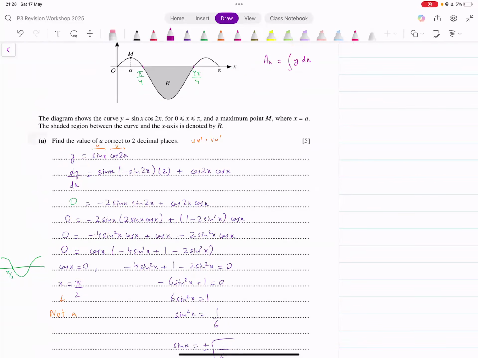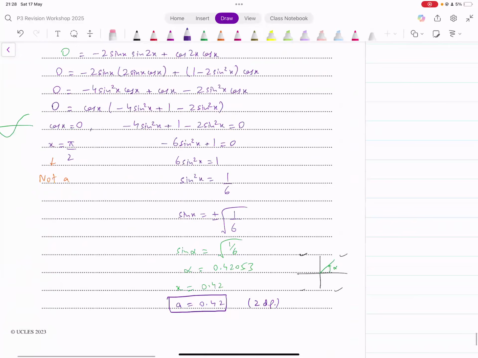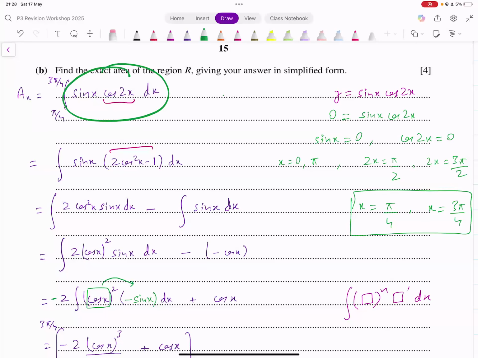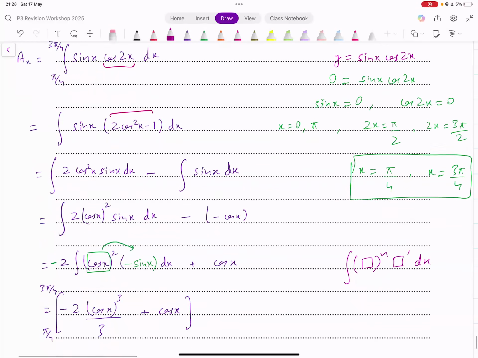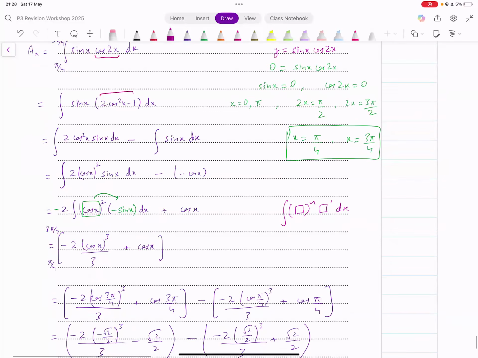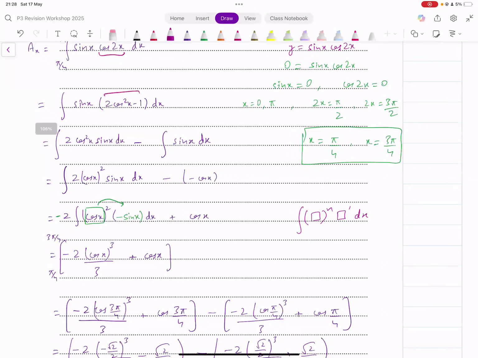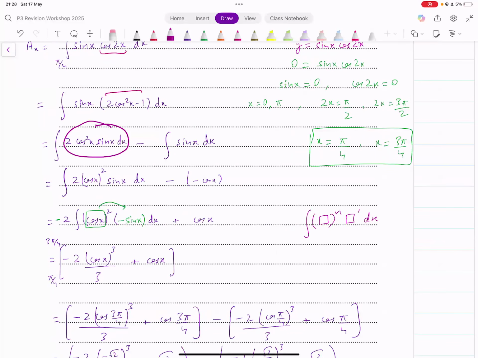This is another example. You had to find this area, integration of sine x into cos 2x. Now, how would you do that? Integration of sine x into cos of 2x. Now, one idea is that you break it down and you expand this double angle as 2 cos square x minus 1. Simplify that and you get 2 cos square x into sine x here and sine x here.